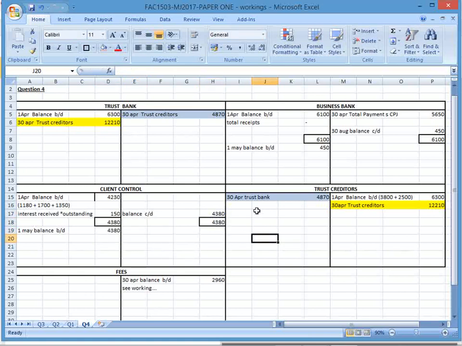The trust creditors. Creditors do what to the business? Create an obligation, because you have to pay them back. You pay them back for their contribution in terms of capital. So I'm going to balance this account off as well.